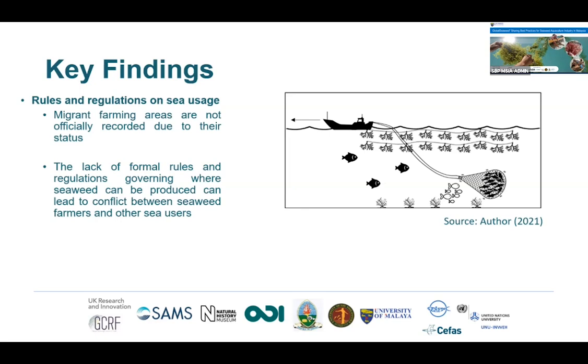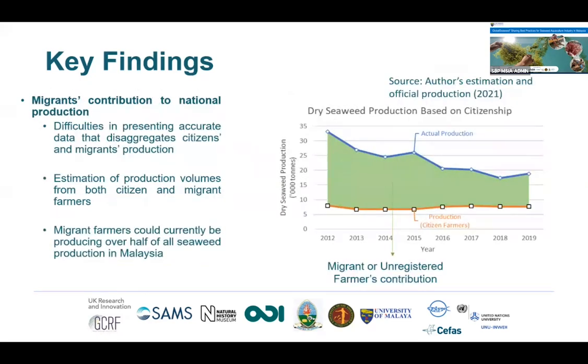or boat pathways. The last finding that will be discussed in this presentation is about the migrant contribution to the national production. It is not possible to present accurate data that differentiates between citizen and migrant production. The figures presented here should not be taken as the migrant farmers' true contribution to Malaysian seaweed production.